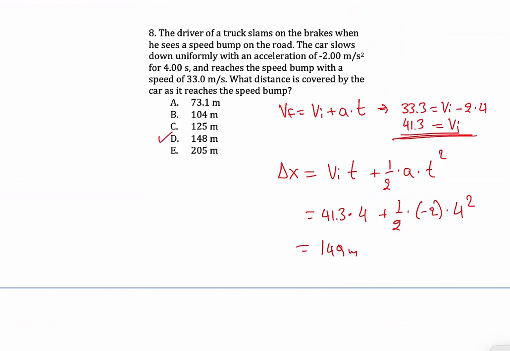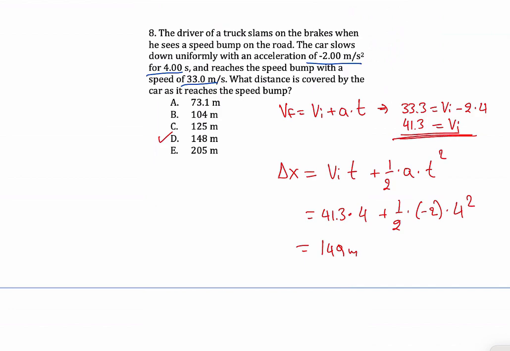Now we're going to select the closest value, and we can check our calculations one more time in case we made a mistake. The driver slams the brakes, the car slows down with an acceleration that we know, a time that we know, and the speed is known.